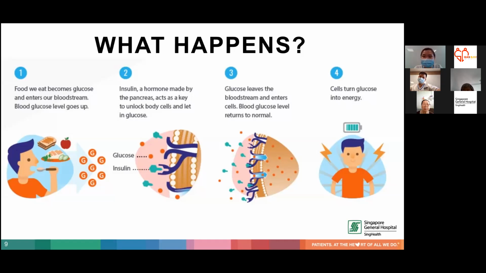And it acts as a key to unlock our body cell so that it can allow the sugar to enter the body cell. So the sugar will leave the bloodstream and enter into the cell. And so after that, the blood sugar level will return to normal. And our cell in return will use the sugar to generate energy that is required for everyday life.